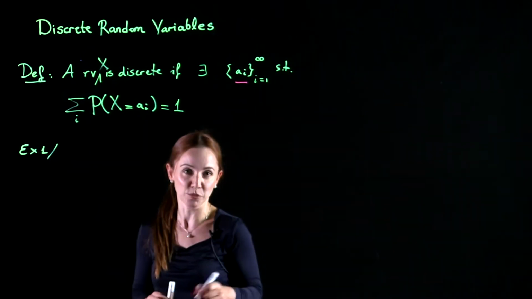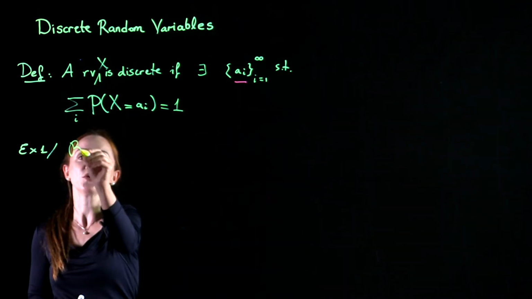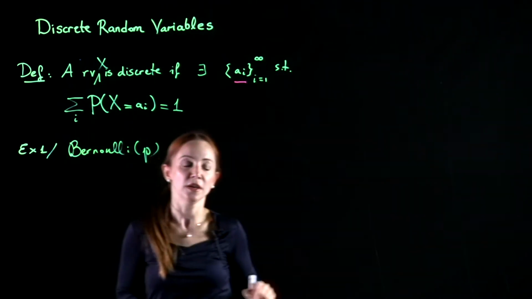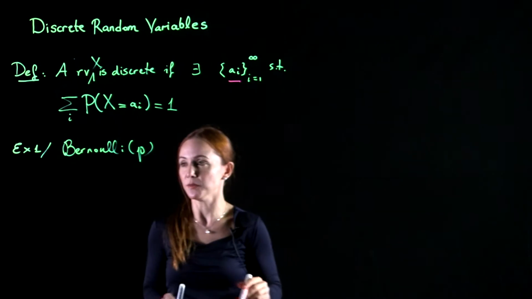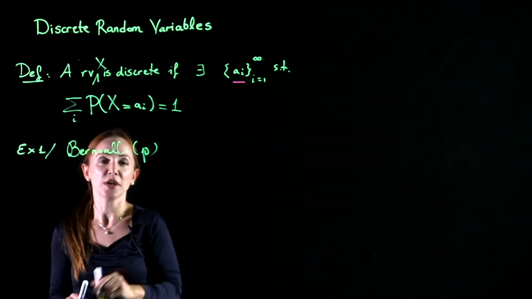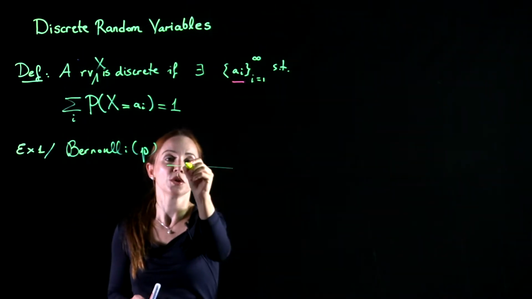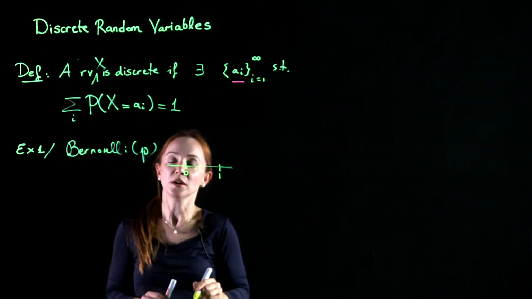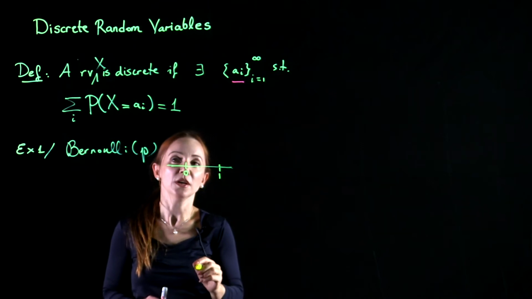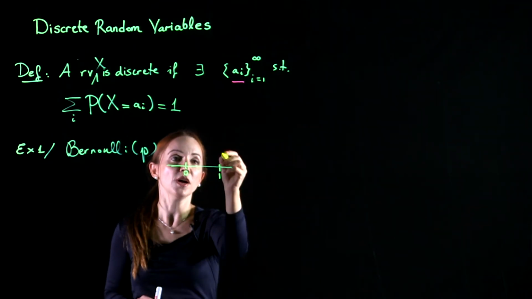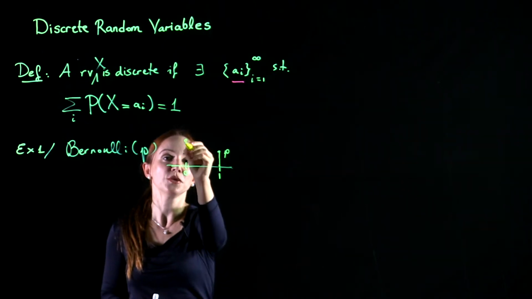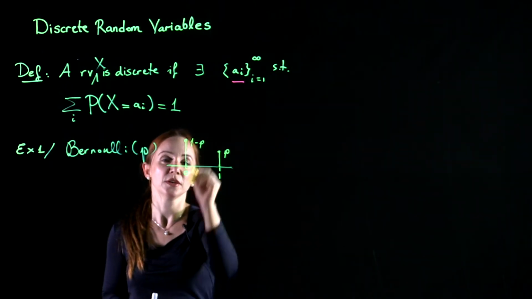The simplest example of a discrete distribution is the Bernoulli(p), which is a binary random variable which takes on the values 0 and 1. The Bernoulli(p) random variable takes the value 1 with probability p and the value 0 with probability 1 minus p.